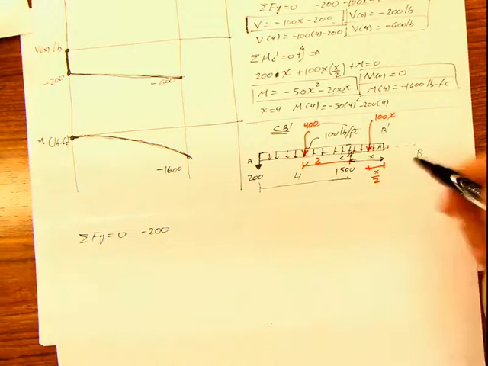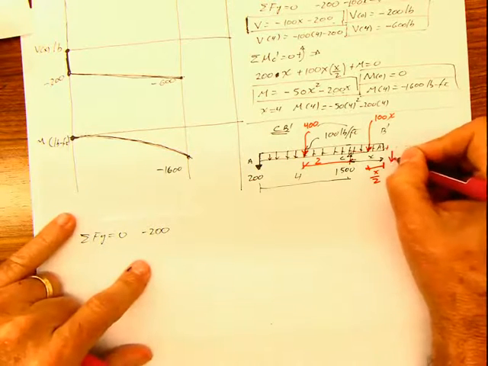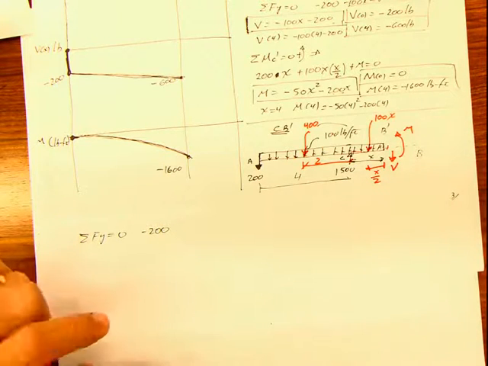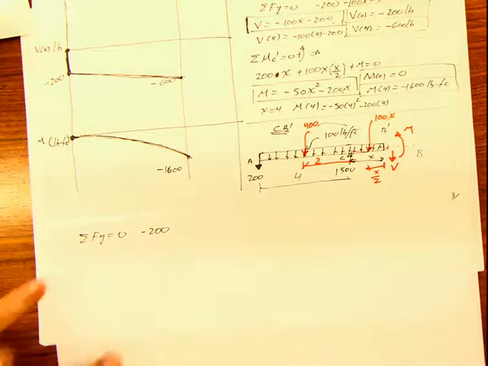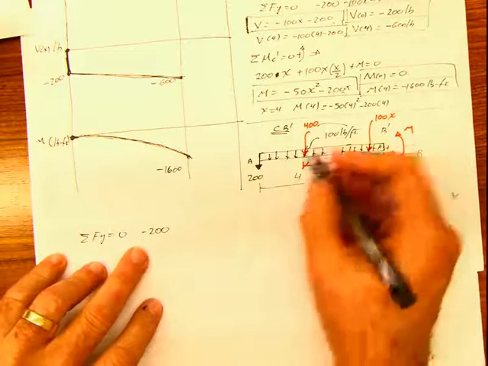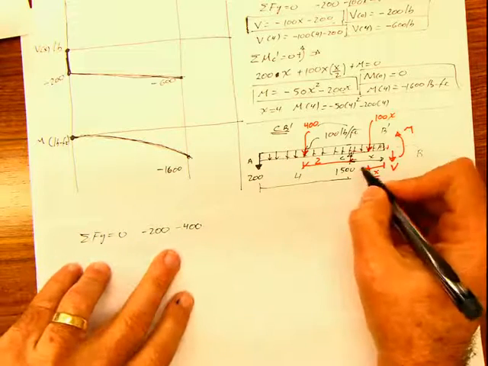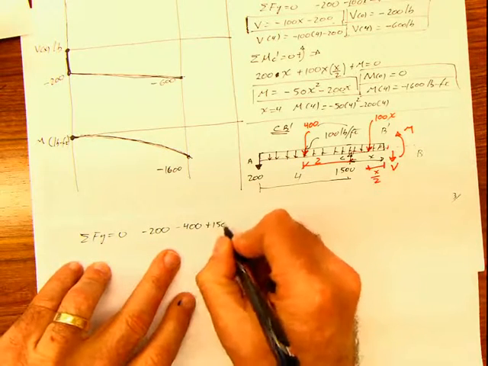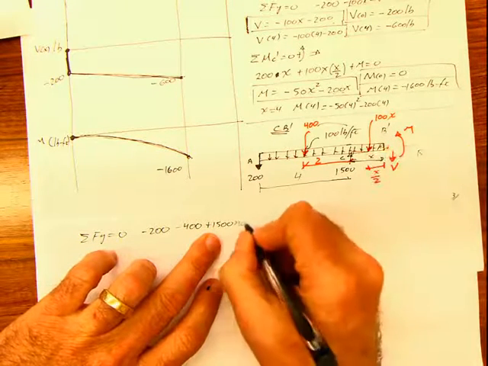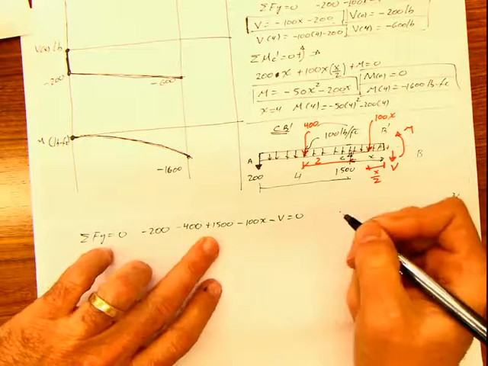Remember, we didn't put those values here, but at the end, always we're going to have shear, moment, and axial in case that we have the axial. So once we do that summation of forces, you have negative 200, which is this, negative 400, which is that. Then you have positive 1500, and then you have negative 100x, and then you have negative V equals 0.